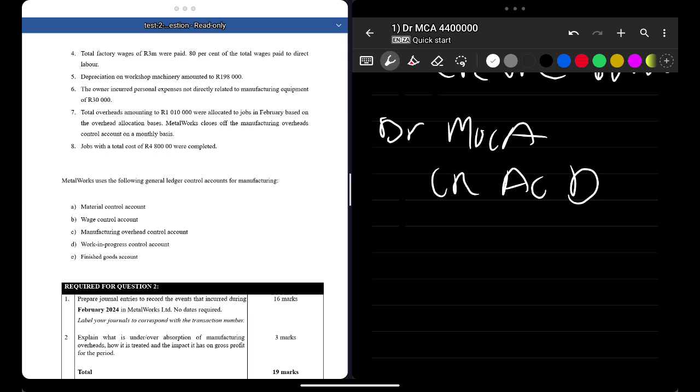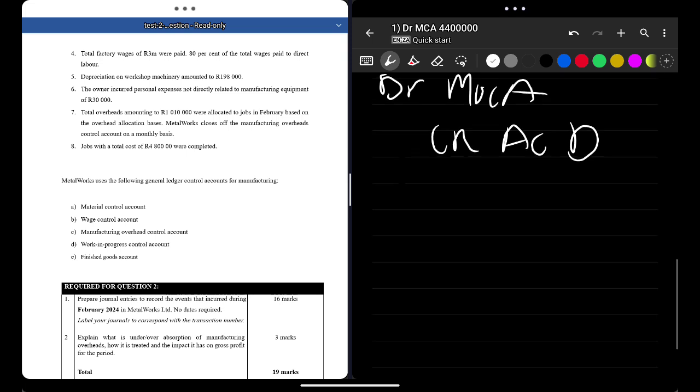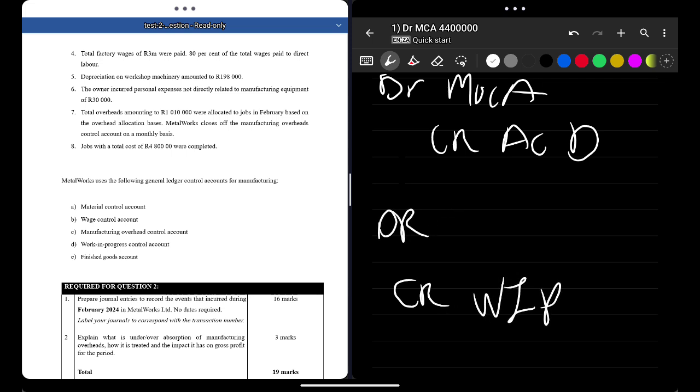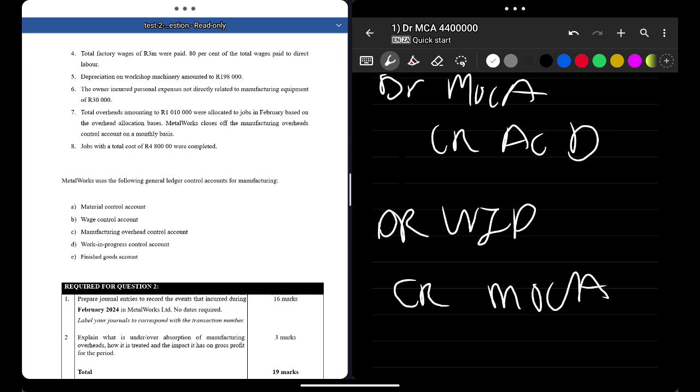So this allocation closes the overheads account and goes to work in progress. So debit work in progress, credit your overheads, your MOCA, with the amount of 1,010,000, right?